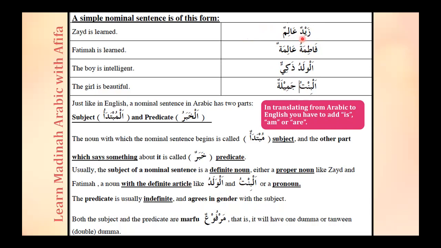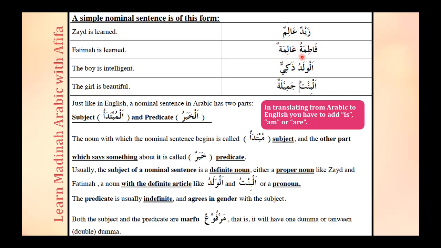Or a man, and he is learned, alimun. But look, what do you see difference between here and here? What do you see is different? Yes, there is this ta marbuta at the end. Okay, why? Because Fatima too is a girl. So that's the reason.